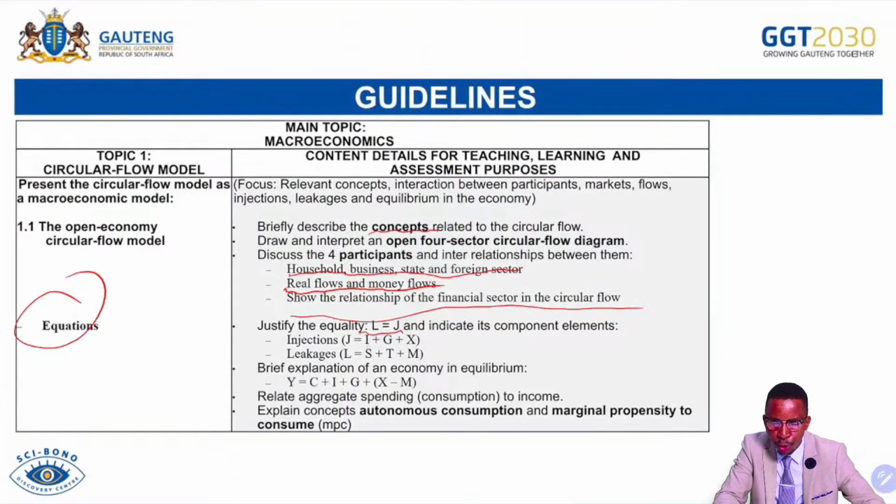So J equals I plus G plus X, that's the formula for injections. L equals S plus T plus M, that's the formula for leakages. Brief explanation of an economic equilibrium where Y equals C plus I plus G plus X minus M. Relate aggregate spending consumption to income. Explain the concept autonomous consumption and marginal propensity to consume.